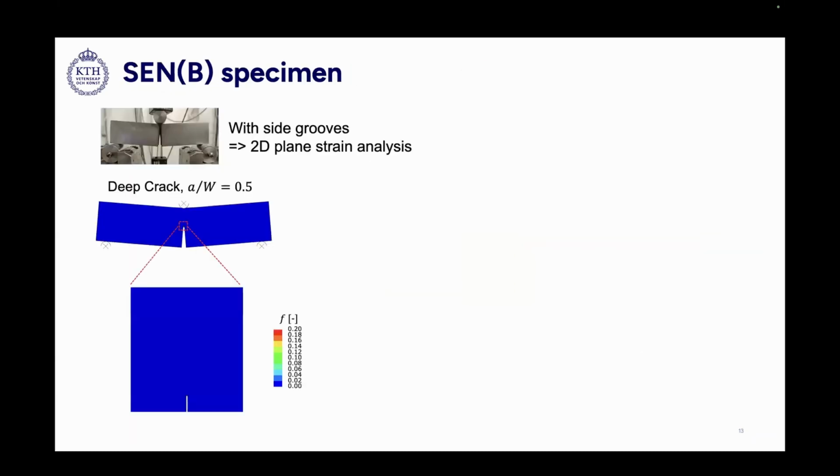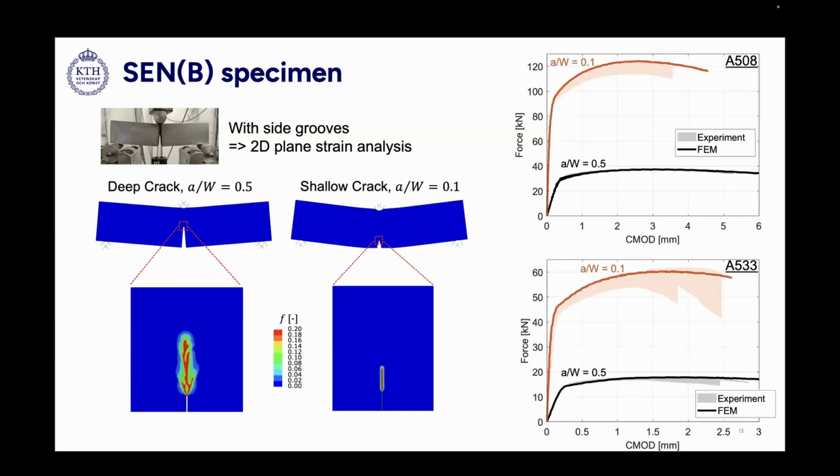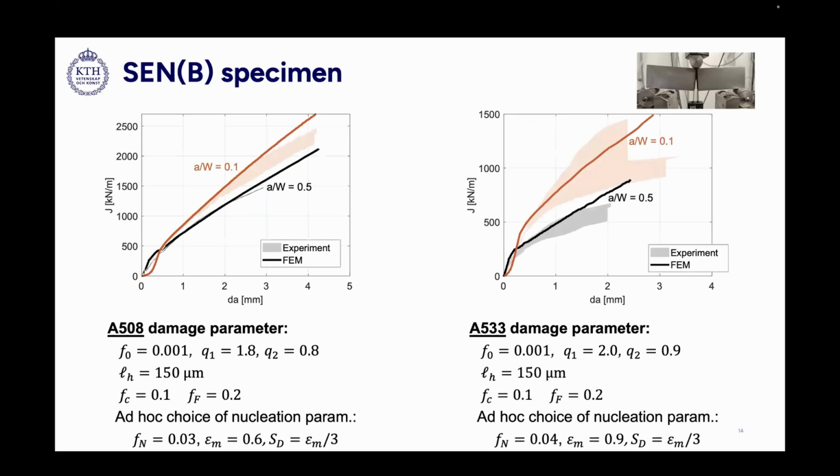And from there, we also deduced some three-point bend specimens with both deep and shallow cracks. From these specimens, we can extract both the force-CMOD curve and the JR curve. And from all those results, we can extract these fracture parameters, such as initial void volume fraction, coalescence, final failure, and also nucleation parameters.